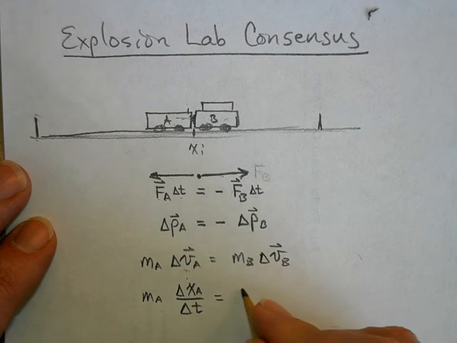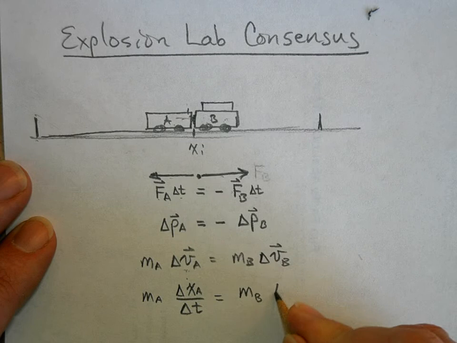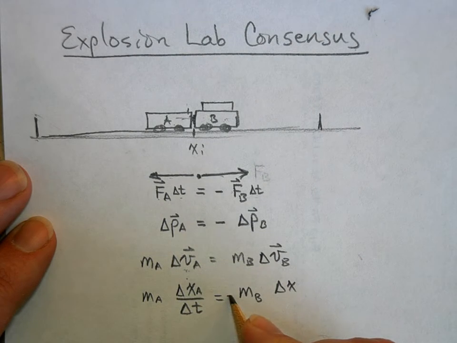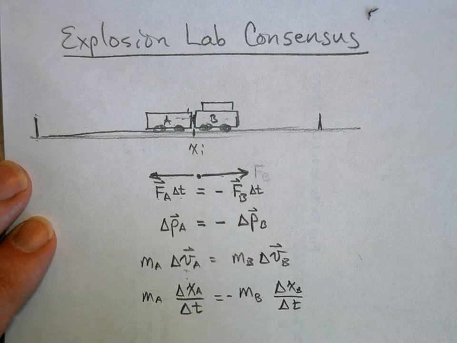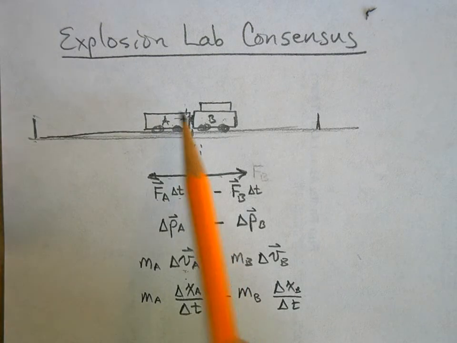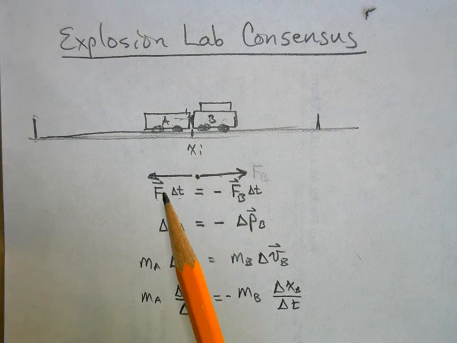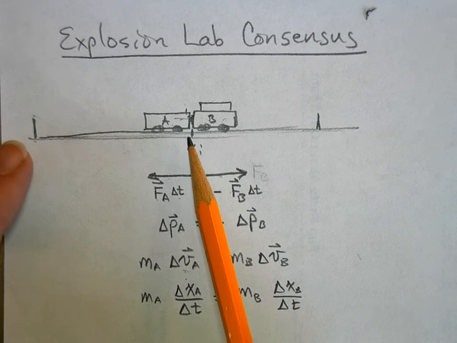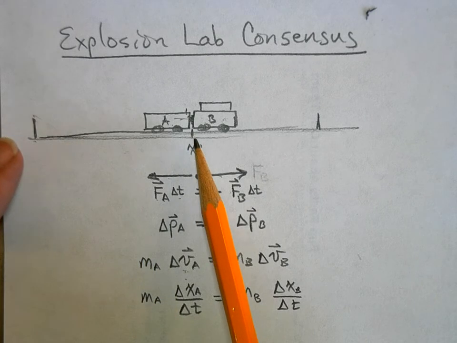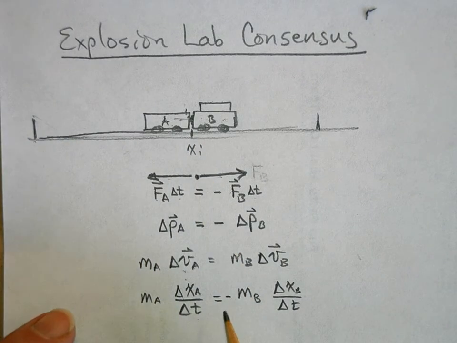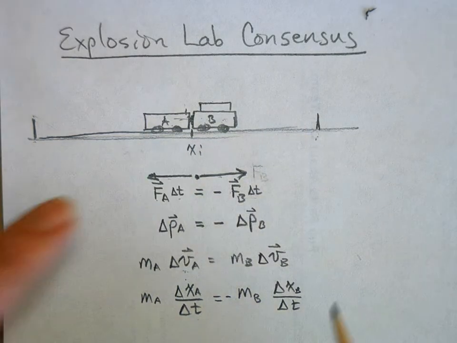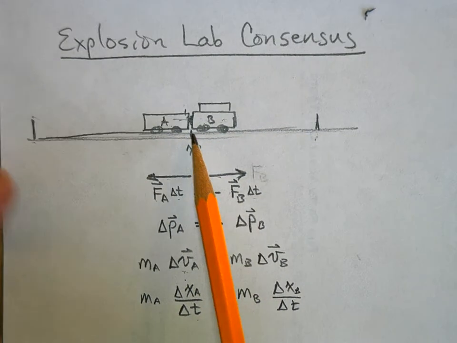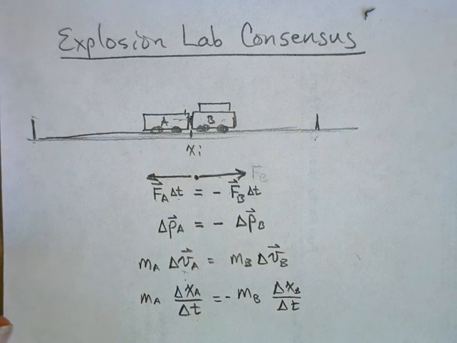And this was the mass of B times delta x, well, let's put a negative there, for B over delta t. So we said that, hey, this velocity, once it's moving, is going to be constant. So this velocity is just going to be delta x divided by delta t. But we arranged the starting position so that they hit the ends of the track at the same time, for the same time interval.